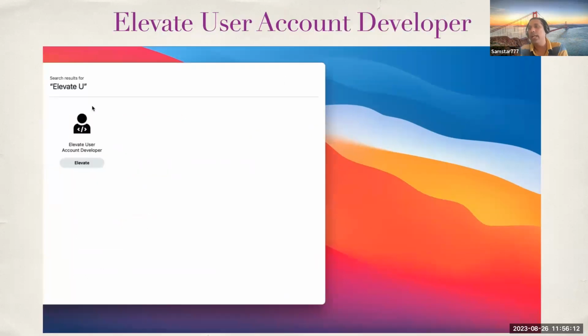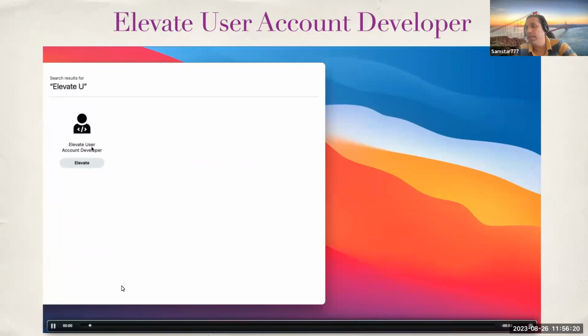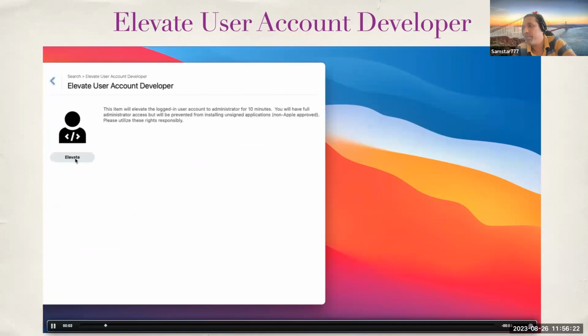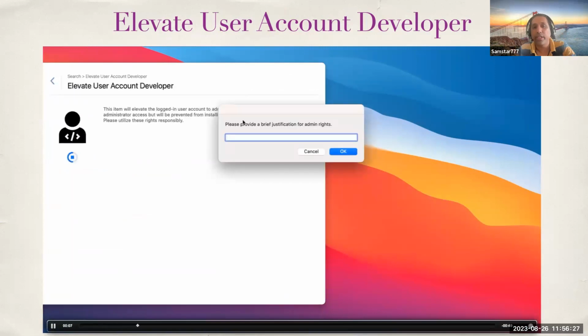Let's see how Elevate user account developer looks. If you see, the icon is also different because it has terminal access. So Elevate user account developer will have an Elevate button again. And when you click on Elevate, this will again prompt for a brief justification. So we need to give a justification and click on OK.